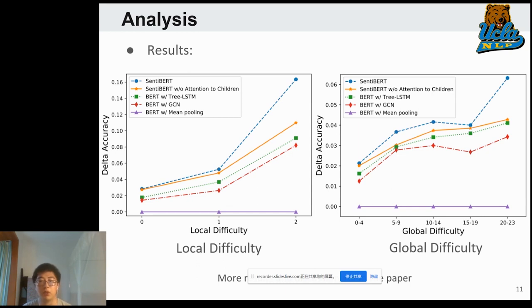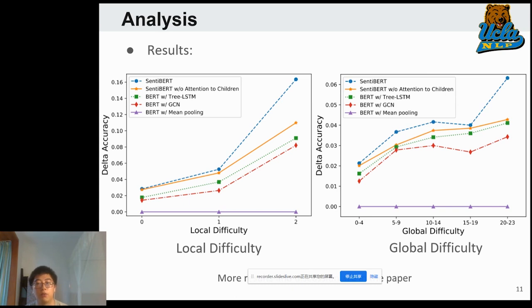We compare SentiBERT with various variants of the BERT model, including incorporating GCN and TreeLSTM with BERT. We show the difference in accuracy from the baseline BERT model on the y-axis, along with the different levels of local and global difficulty. Actually, our SentiBERT has two levels of attention, and the orange line is the performance of SentiBERT with only the first level of attention.